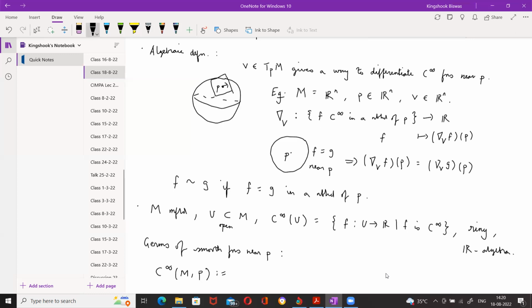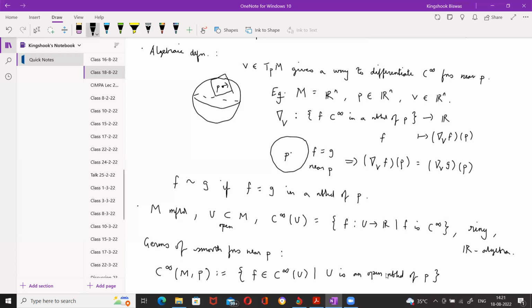This is defined to be the set of functions F in C infinity(U), where U is an open neighborhood of P. So I look at the set of all functions which are defined in some neighborhood of P. This neighborhood depends on F; it's not a fixed neighborhood.